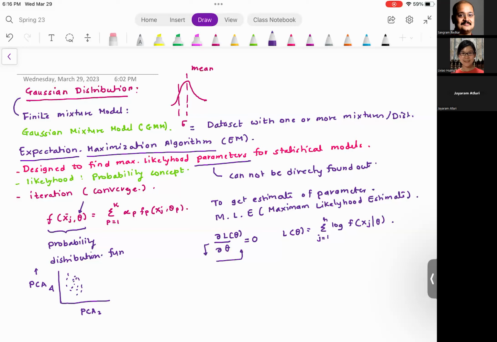If you have this distribution, what this Gaussian mixture model will do is, depending upon how this whole thing is distributed, it will actually fit the distribution lines.